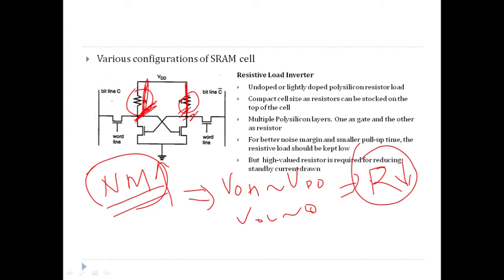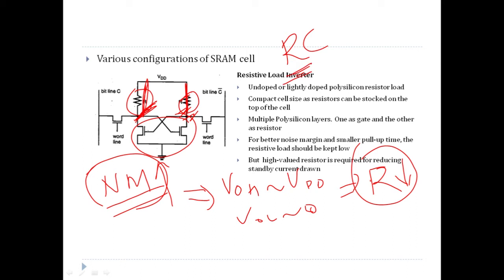Then it also helps in having a smaller pull up time, because the RC delay is nothing but the product of resistor and the parasitic capacitance of these transistors. So if the resistance value is smaller, then the pull up time is very small.